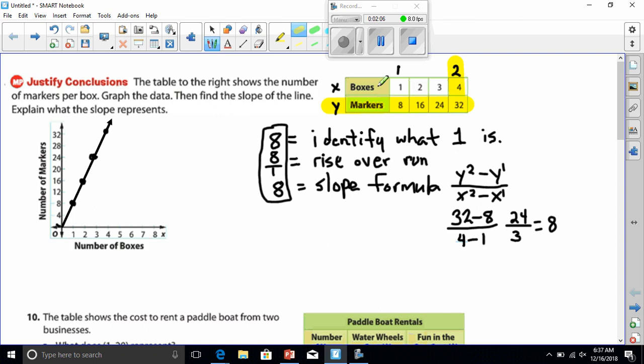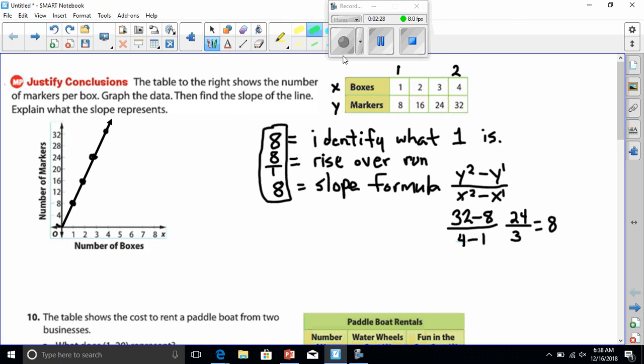And then y1 was found at 8. So 32 is my answer here, and 8 was my answer here. So 32 minus 8. Okay, and now I'm going to show you where x is.